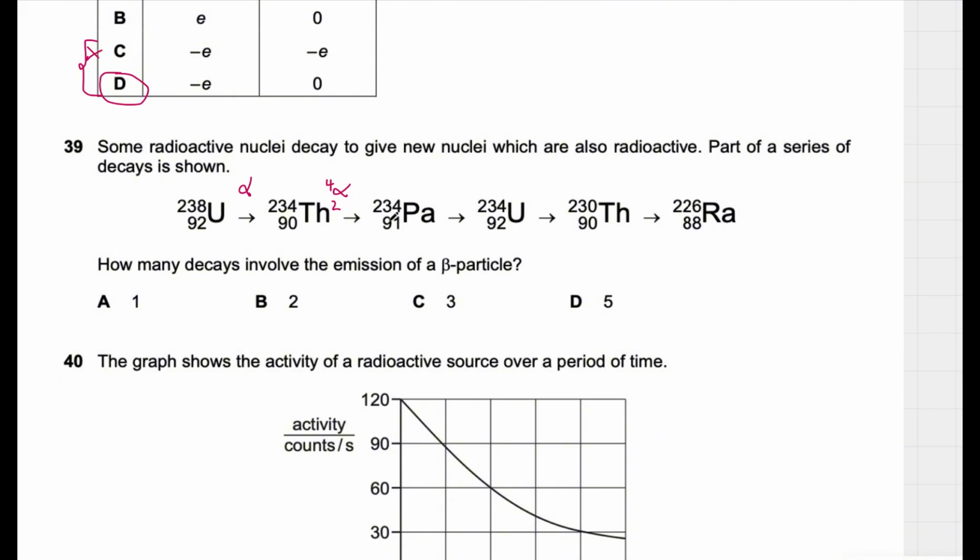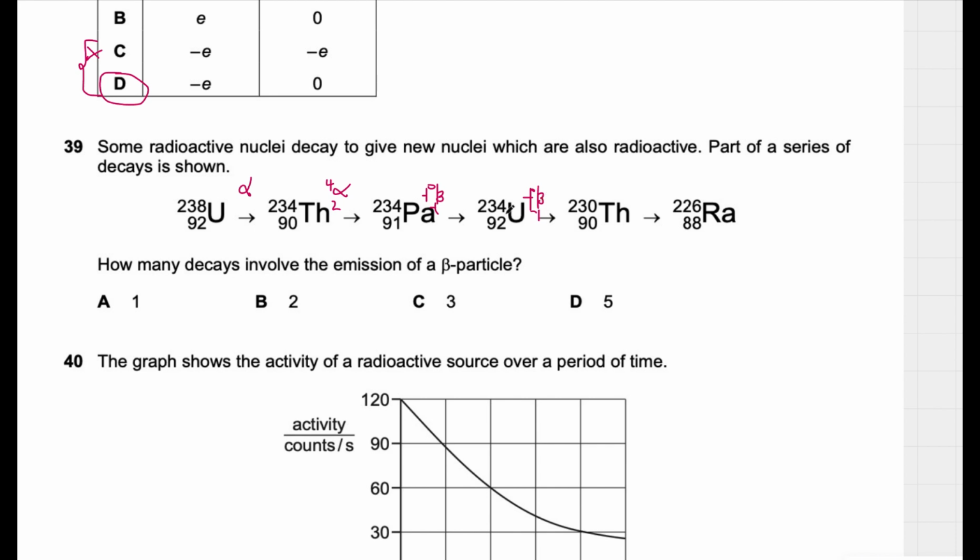So this one now decays, you still get 234 and 91. Here to here, you have beta decay, which has 0 on top and minus 1 at the bottom. Then from 234 to 234, from this to this, another beta decay, plus another beta with 0 on top and minus 1 at the bottom.